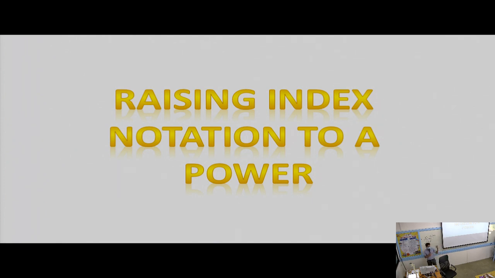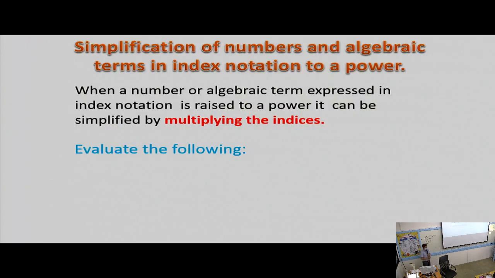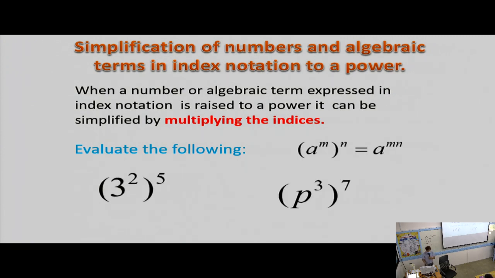Law of exponent number 3, raising index notation to a power. By the way, index notation is the same as exponential number. Same term. So the rule is that a to the power of m to the power of n, raising an exponential number to a power.